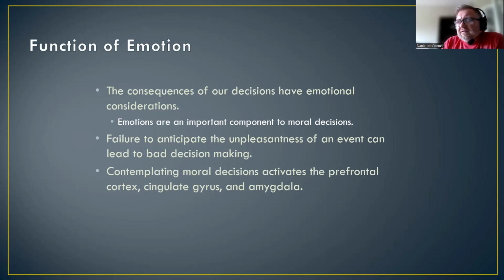And so what we see here is that emotions and the function of an emotion might actually play an important role in helping us evaluate the consequences of our decisions, especially when it comes to maybe dealing with a moral dilemma. All right, when faced with a moral dilemma, that is, I'm faced with a very difficult decision, and depending on how I make a decision, harm may come to somebody as a result of my choices here.